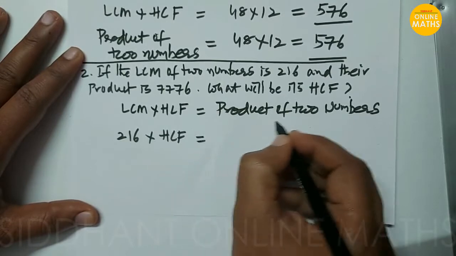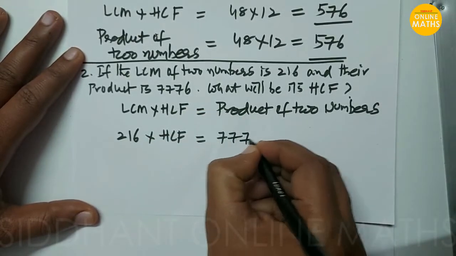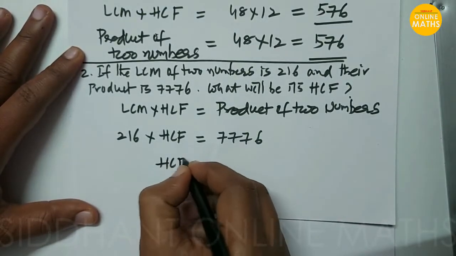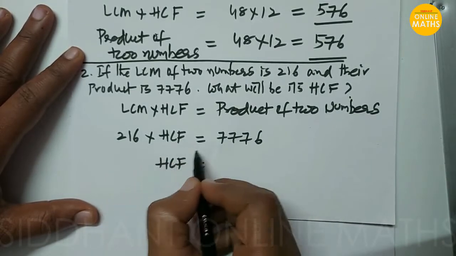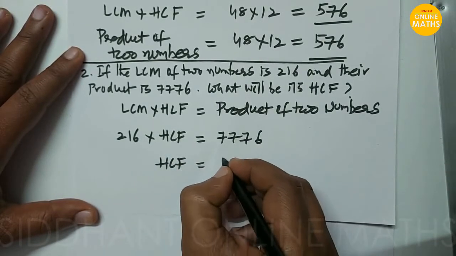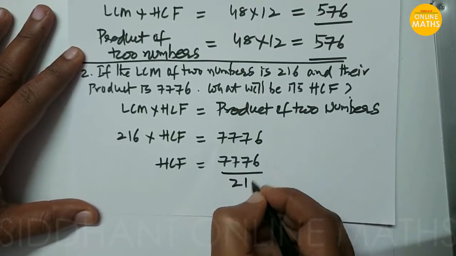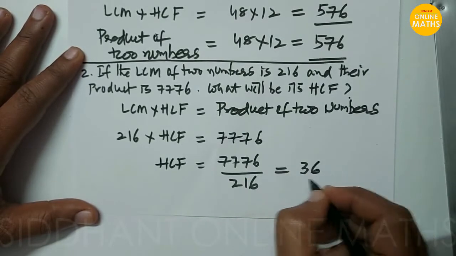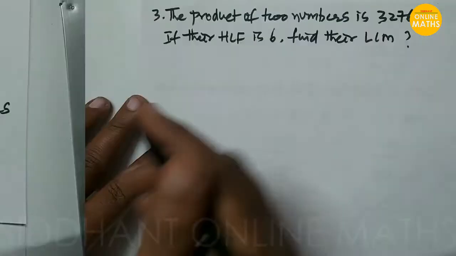The product of two numbers is also given, that is 7776. So by cross multiplication, HCF is equal to 7776 by 216, which is equal to 36. So 36 is the HCF.